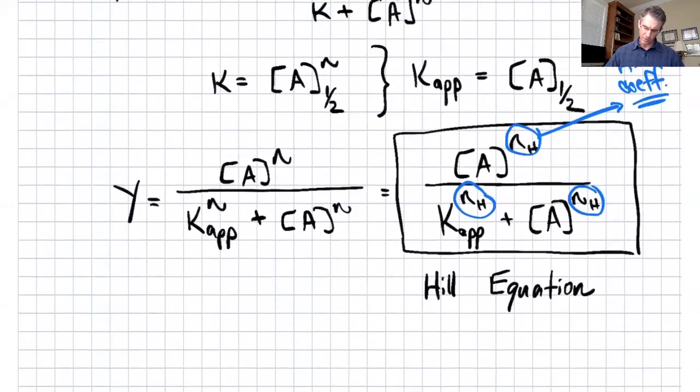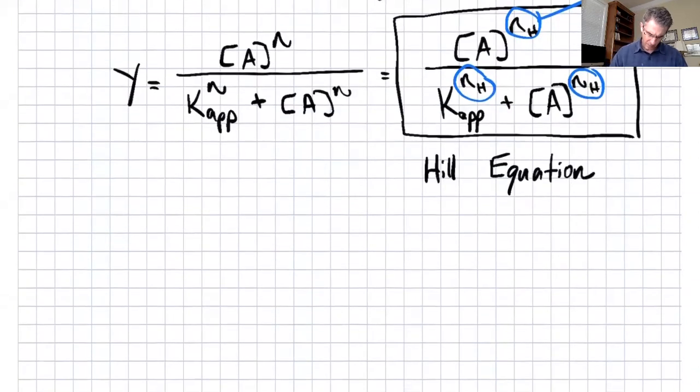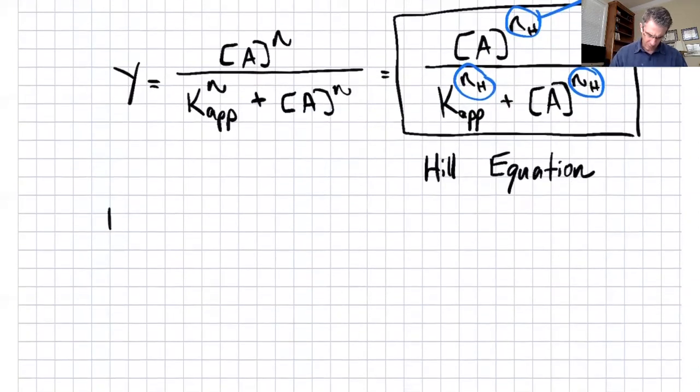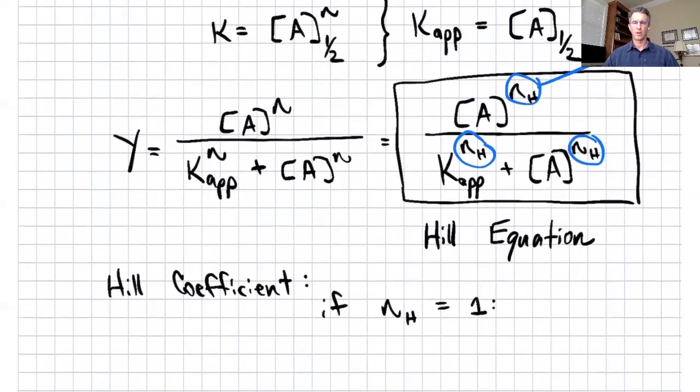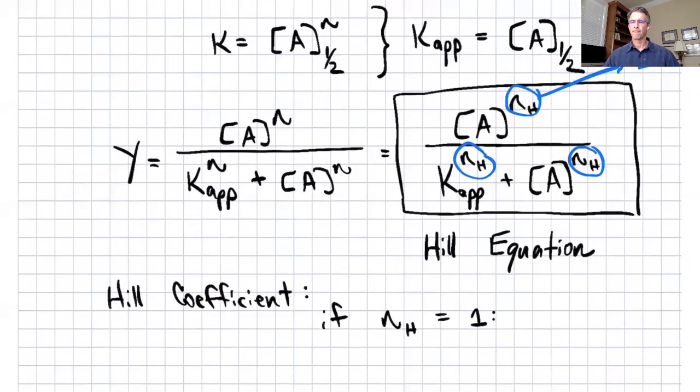So if you think about how the Hill coefficient would vary in an expression like that: if the Hill coefficient is equal to 1, what kind of binding do you have? It just looks like a hyperbola. It looks exactly like a normal single site binding expression.